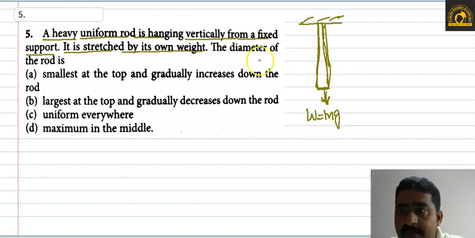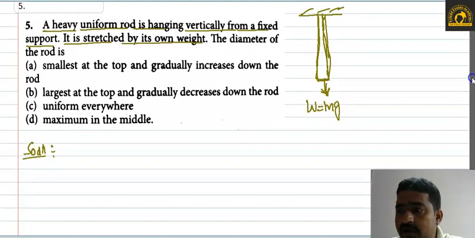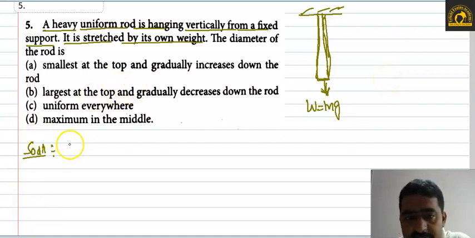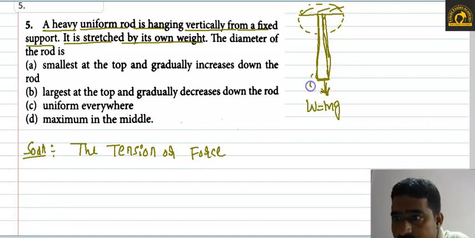When the rod is suspended with its own weight, the tension or force is heavier at the top of the rod as compared to the bottom.